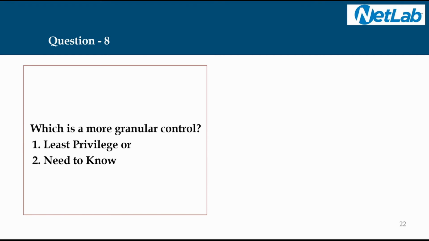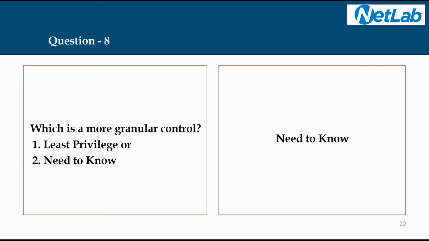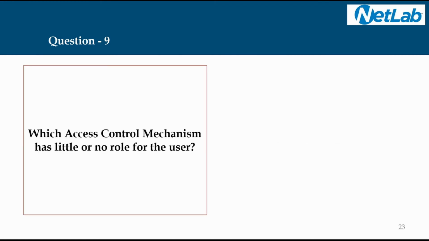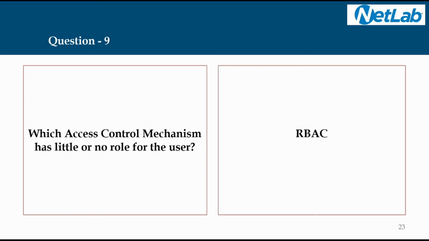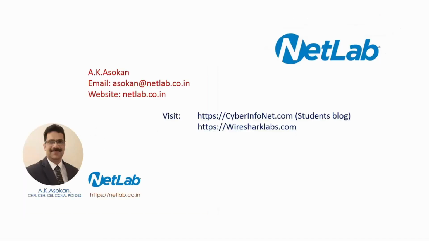Which is a more granular control, least privilege or need to know? Need to know. Question number 9. Which access control mechanism has little or no role for the user? RBAC, role-based access control.